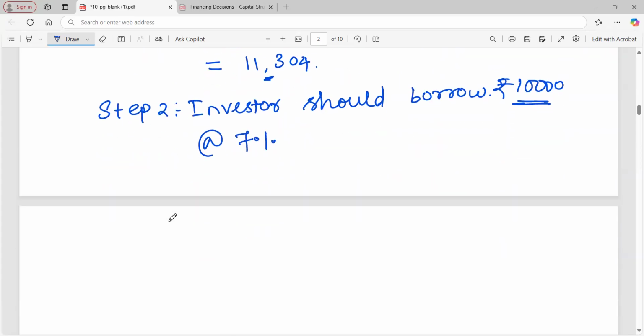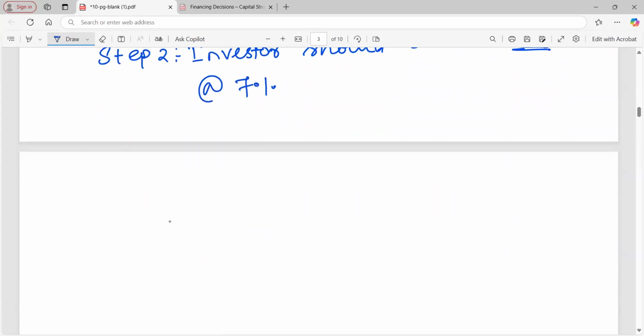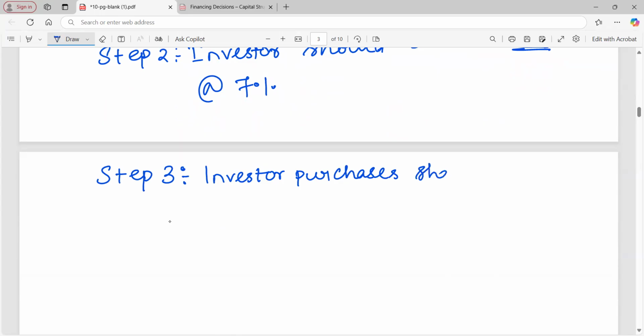Right. Now in step 3, the investor purchases shares of the unlevered company. Why unlevered company? Because unlevered company is undervalued.